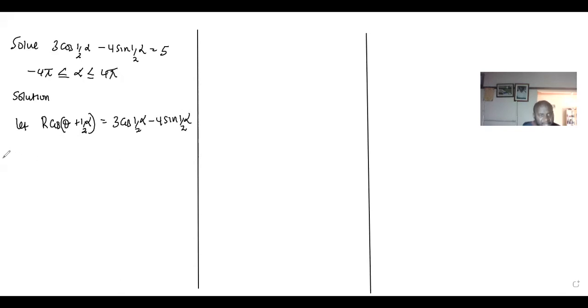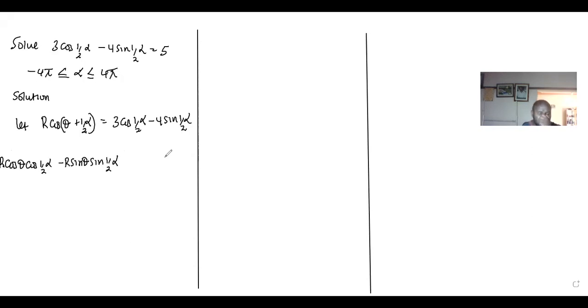So that when I expand on the left-hand side, I'll realize R cos theta cos of a half alpha minus R sine theta sine of a half alpha.